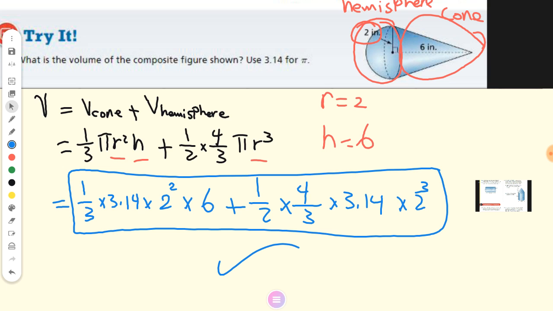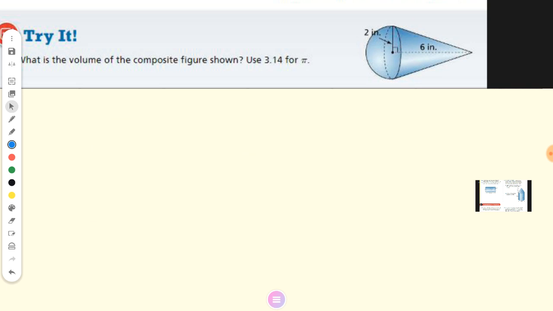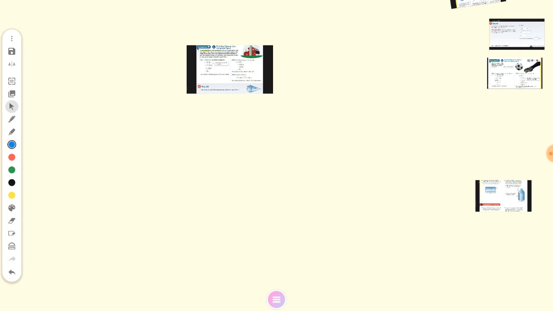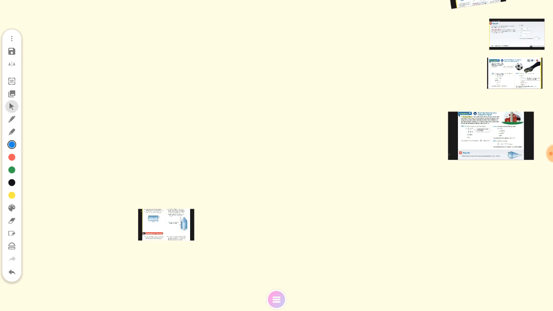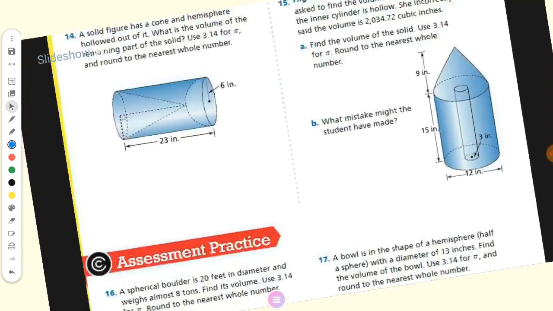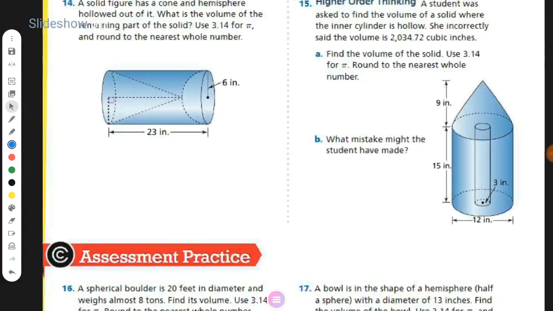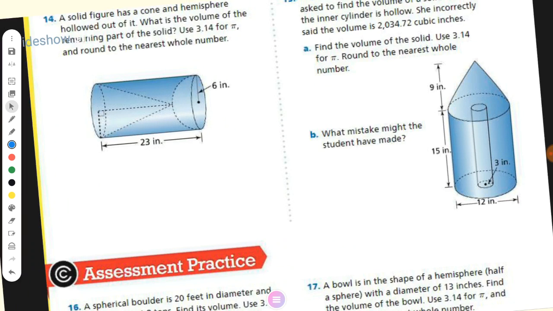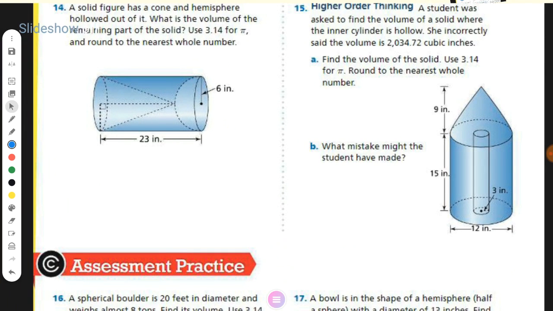Again, another question, which will be solved another way. Question number 14. A solid in the figure of a cylinder has a cone and a hemisphere hollowed out of it.